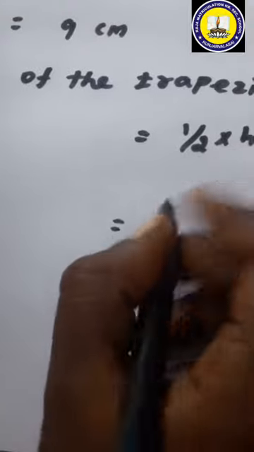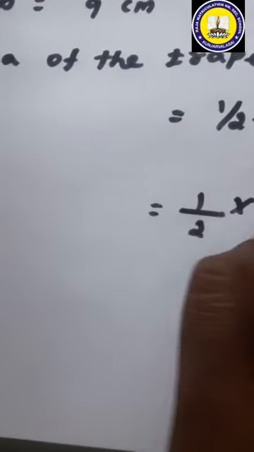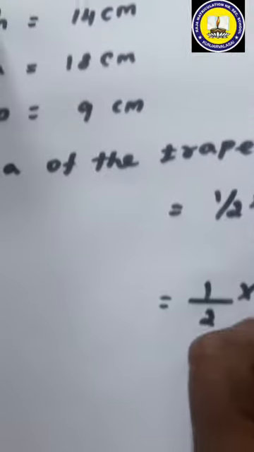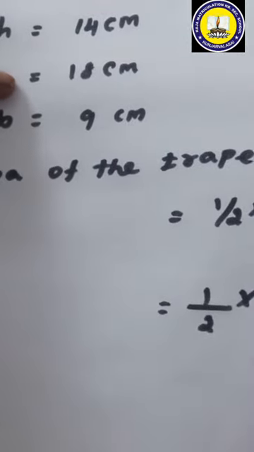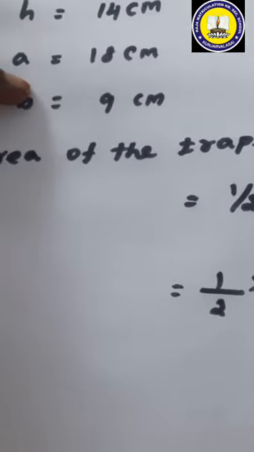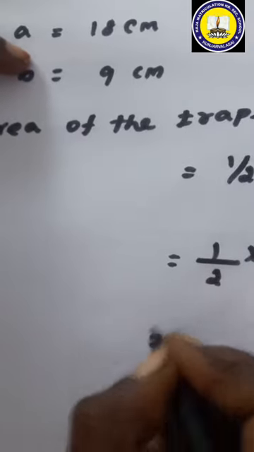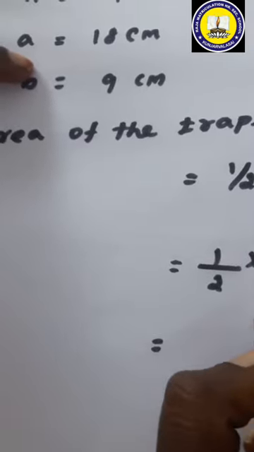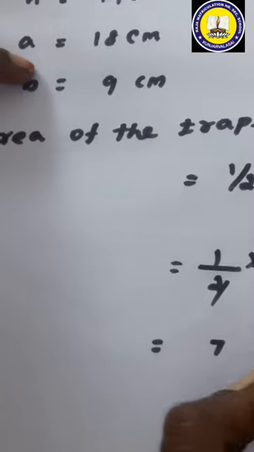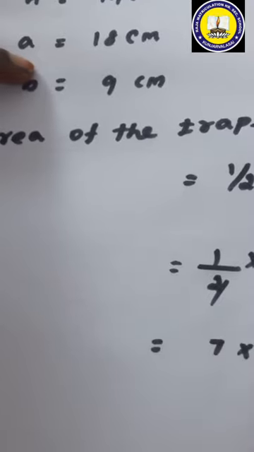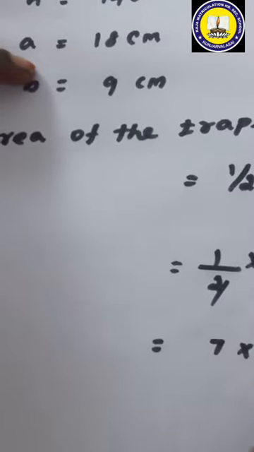Okay, do the calculation. Half into h, which is 14, into a, which is 18, plus b, which is 9. Then 14 by 2 cancelled to get 7 into 18 plus 9 is equal to 27.